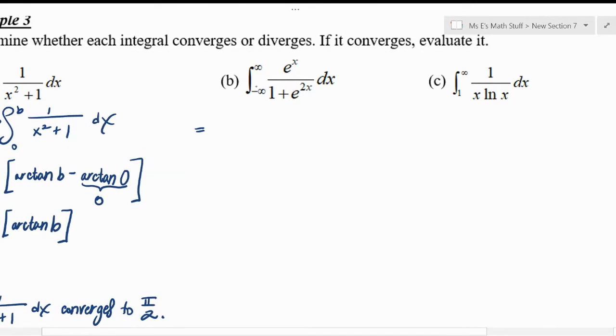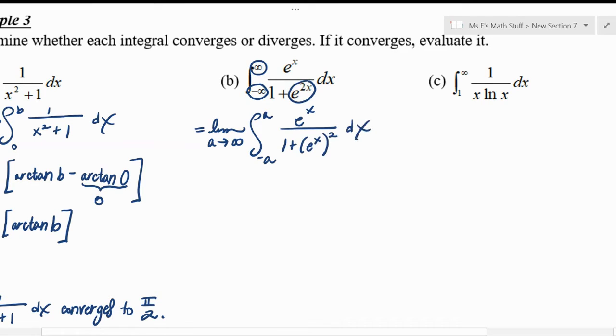Since both of our bounds are infinite in nature, yet they're opposites of each other, I kind of like doing something like this. So either use a or b, it doesn't really matter. I'm going to use a just for fun. I'm going to let a approach infinity, but then I would just write negative a to a. That's a way to handle that. And then I'm going to write the e to the 2x part as e to the x quantity squared.